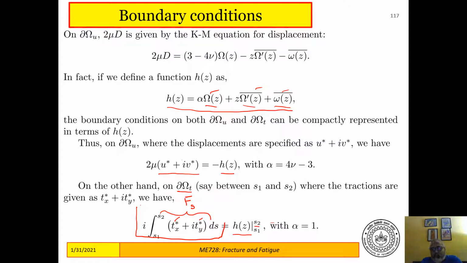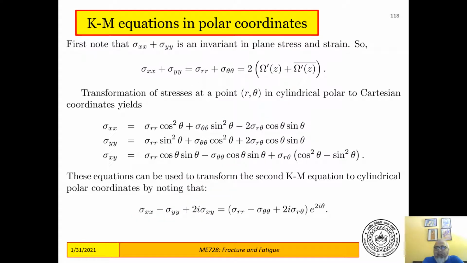We also need to sometimes look at these KM equations in cylindrical polar coordinates. We have derived that as well. In cylindrical polar coordinates, the stresses are sigma rr and sigma theta theta. The first KM equation in terms of sigma rr plus sigma theta theta remains unchanged. It's the same as in the Cartesian system. The second equation is also the same except for e to the power 2i theta that you need to apply.